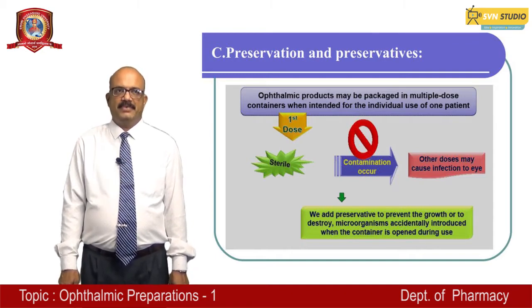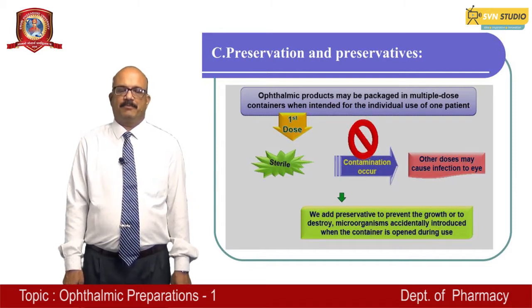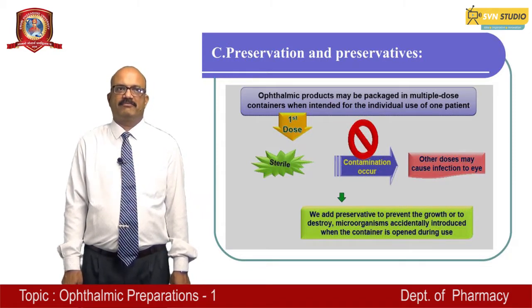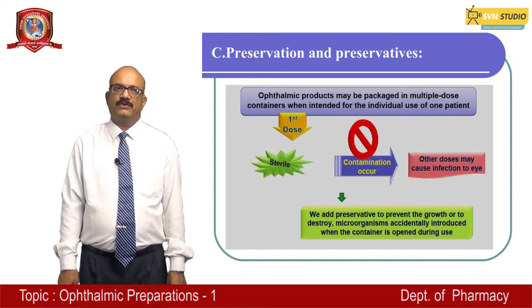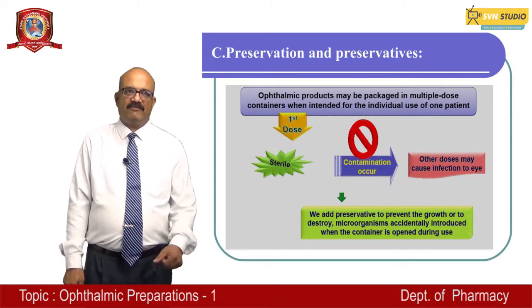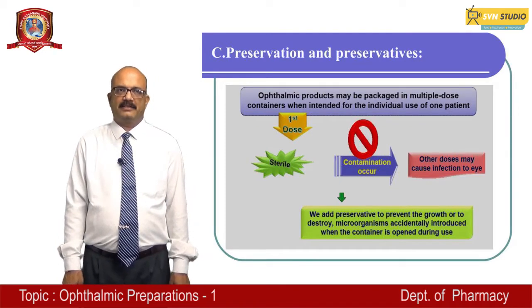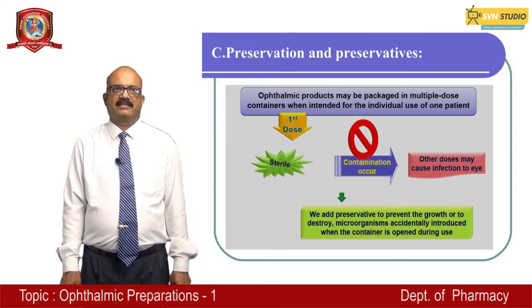So you have to keep a watch: whenever you are using it, you should remember the date of opening of that container, and you should not use it after 28 days, because if you use it after that, that product may be contaminated and may give you an adverse effect.